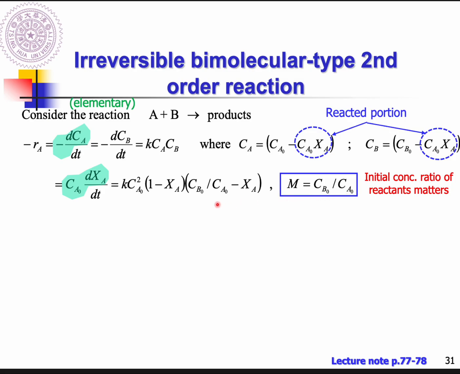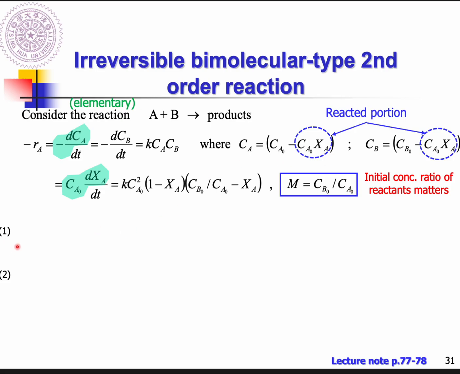So based on this, in order to get the rate equation in terms of XA and t, you can simply divide this rate equation into two cases. The first case is while M not equal to 1, which means in the beginning the initial concentrations CB0 and CA0 are not the same.